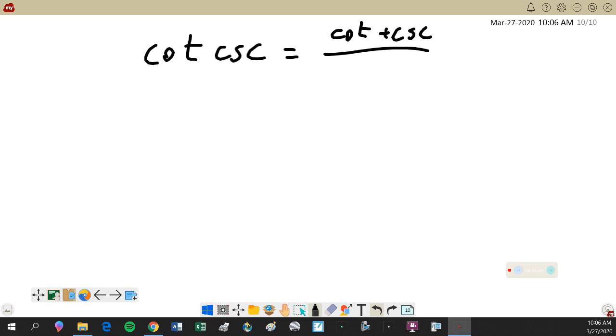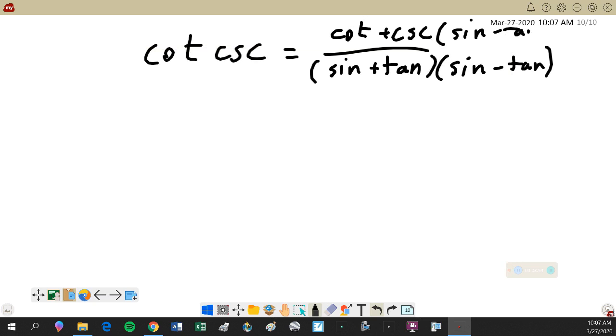14. Cotangent cosecant is equal to cotangent plus cosecant over sine plus tangent. A couple different ways to handle this. I'm going to try conjugates. So I'm going to do sine minus tangent, and who knows, it might not work.